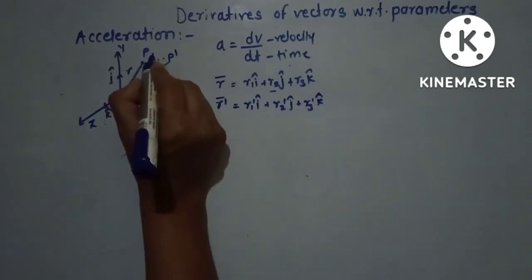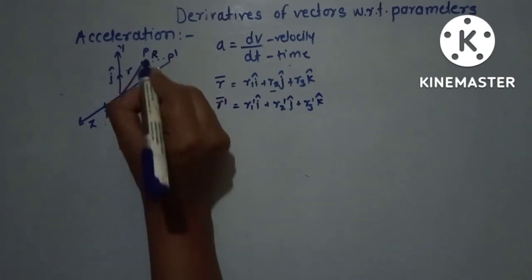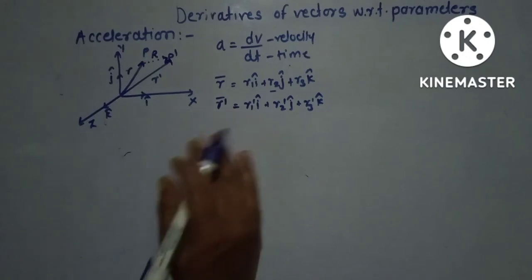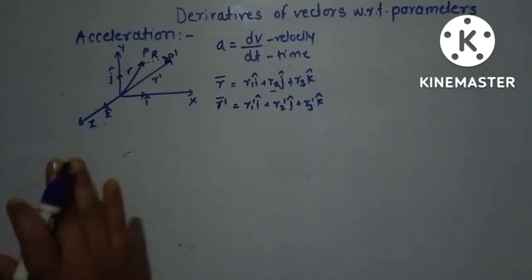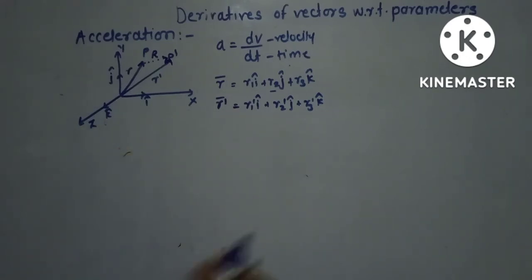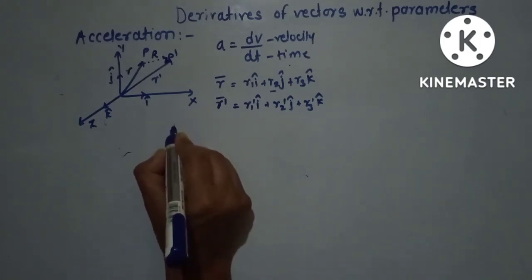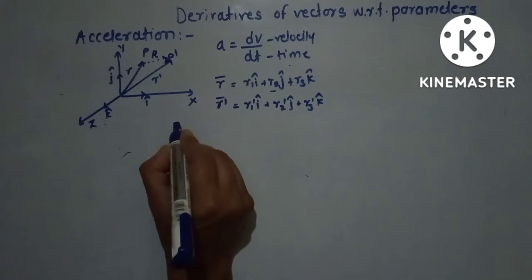Then the resultant vector R can be found using the triangle law of vector addition. We have already seen all this in the previous lecture, so I am not going to discuss it in detail here; you can watch my previous video also.